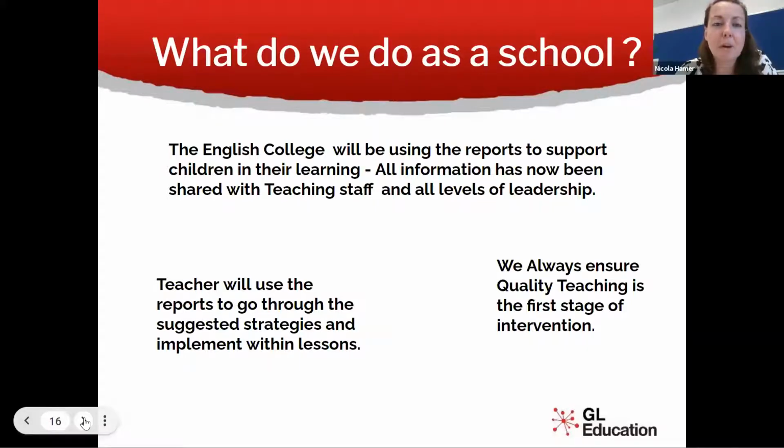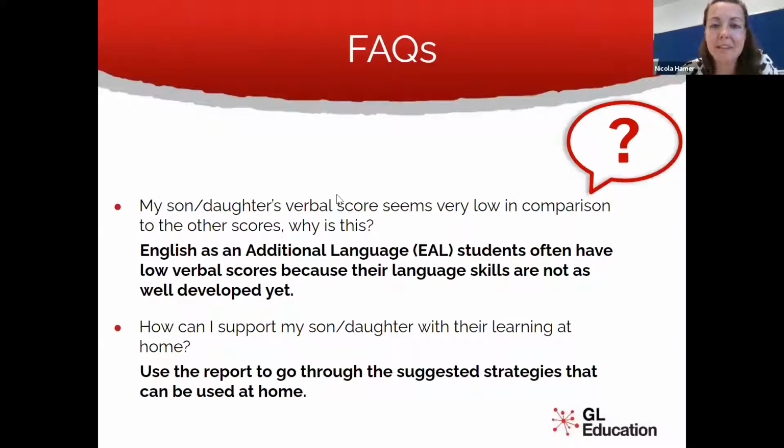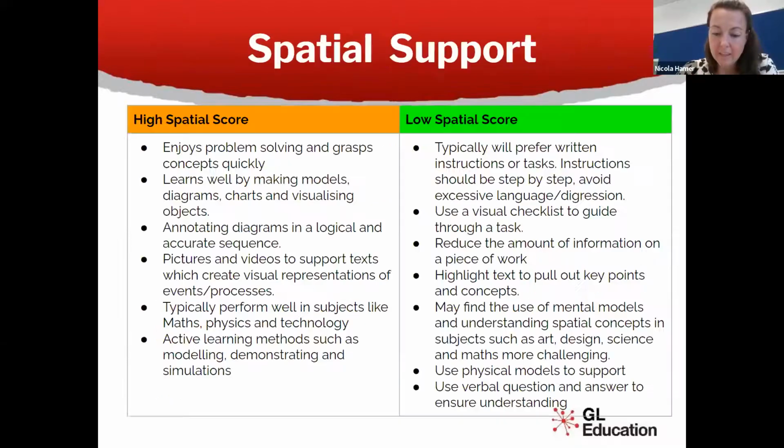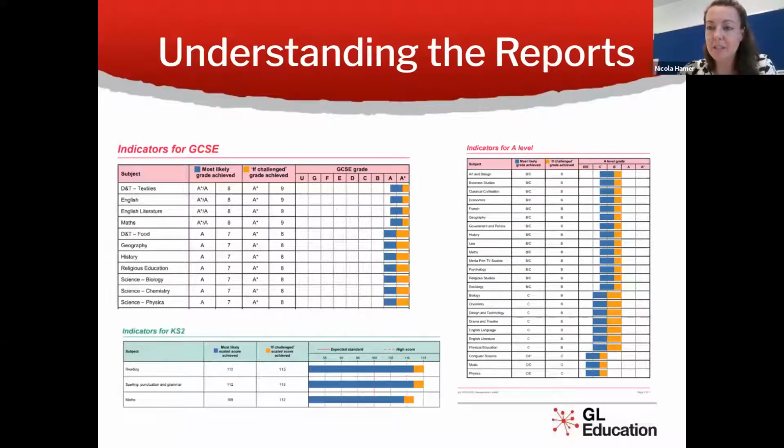Yeah, there's been a couple more questions just about how the indicators are formed. So I'm just going to run through that one more time. The CAT4 assessment gives your child the bar chart. It then looks at all of the other pupils historically that have ever taken the test that have got the same bar chart as your child.